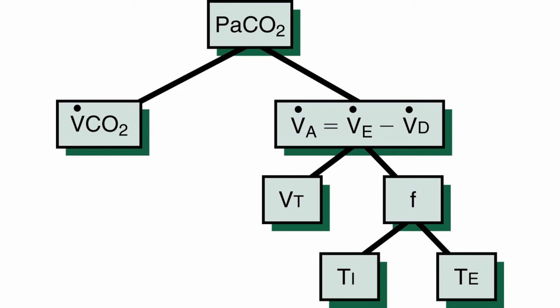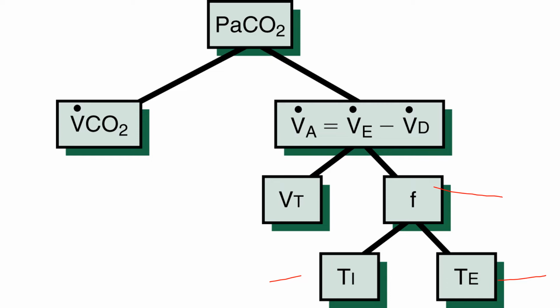So here is a little diagram that looks at the factors that affect partial pressure of CO2. During mechanical ventilation, your carbon dioxide production, alveolar minute ventilation, regular minute ventilation, your dead space ventilation, your tidal volume, inspiratory time, your expiratory time, your breath rate, your frequency, these are all things that will affect your CO2.